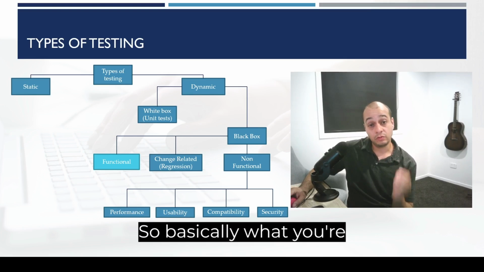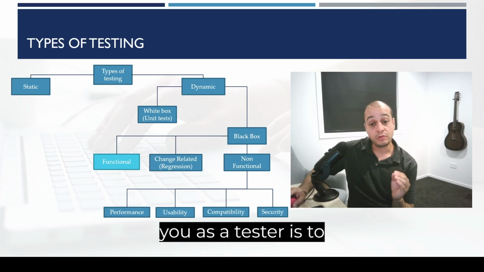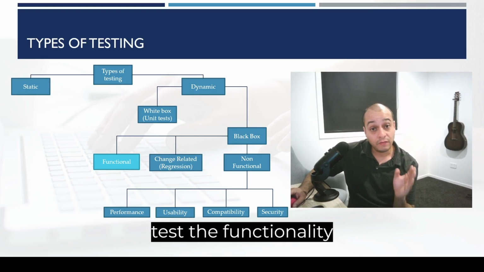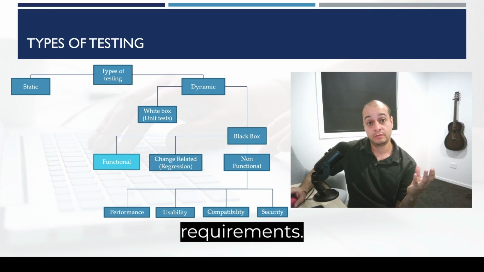So basically what you're going to do in this part, you as a tester, is create the test cases. You're going to create the test cases to test the functionality according to what is specified in the requirements.